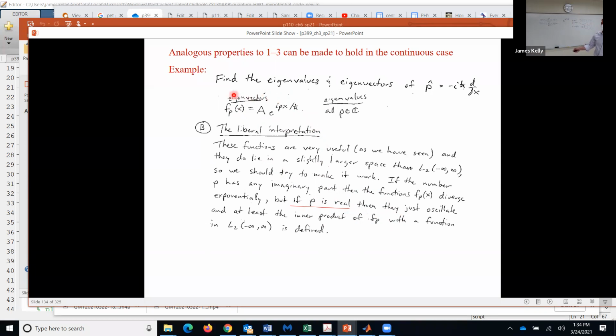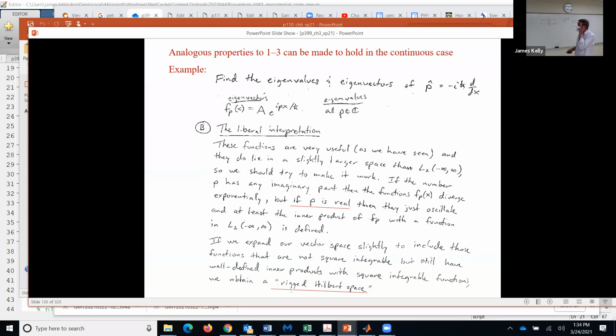But if I take the inner product of one of these functions with a perfectly square integrable function, an element of capital L2, then it will be defined, because my square integrable function has to go off to 0. And so I don't get an integral that I keep adding up area farther and farther out.